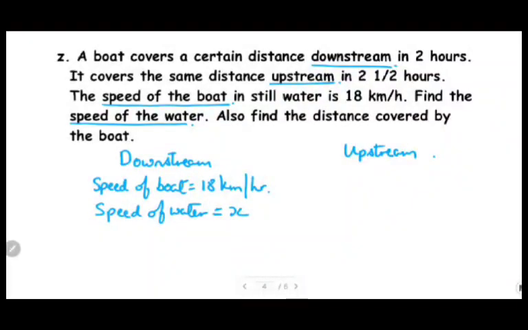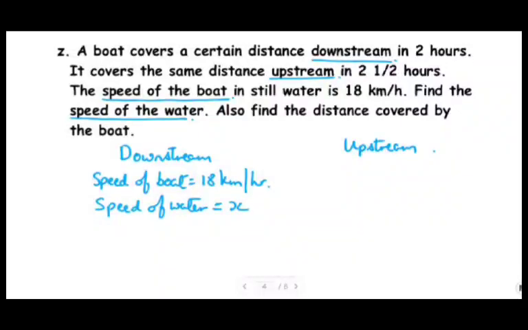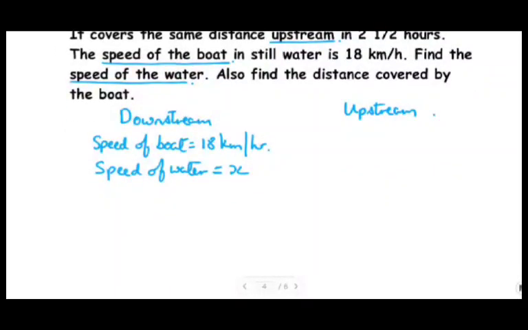Okay, so when the river is flowing downstream, both will have to be taken into consideration. The speed of the boat in still water as well as the speed of water, that's going to give the boat a push downstream. So both are going to add up, correct?